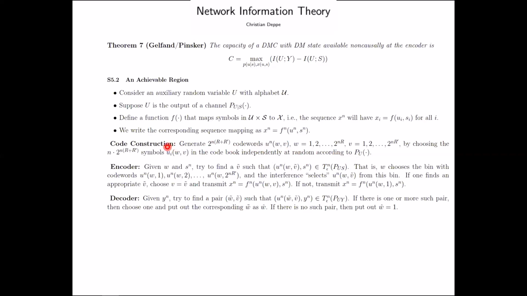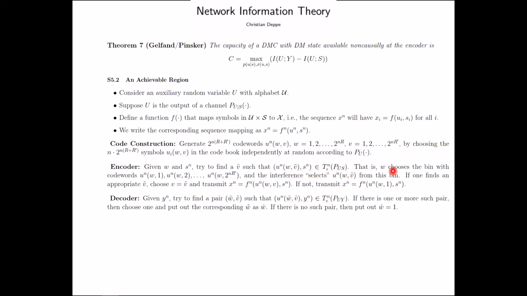Now, how is the encoding procedure? We look at an encoder. Given a W, that's a message, and the whole state sequence, it tries to find a V such that u^n of W and V tilde and s^n is jointly typical.